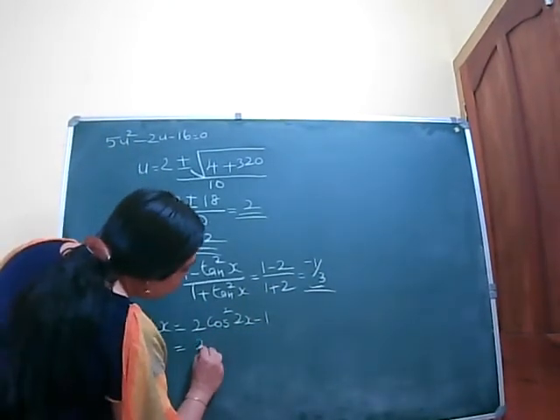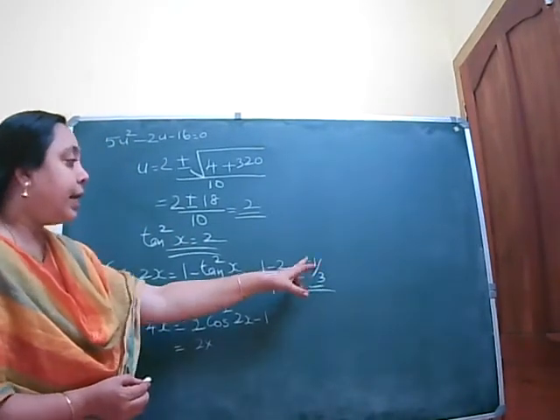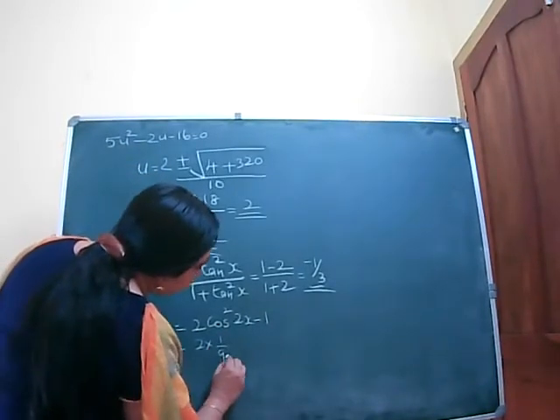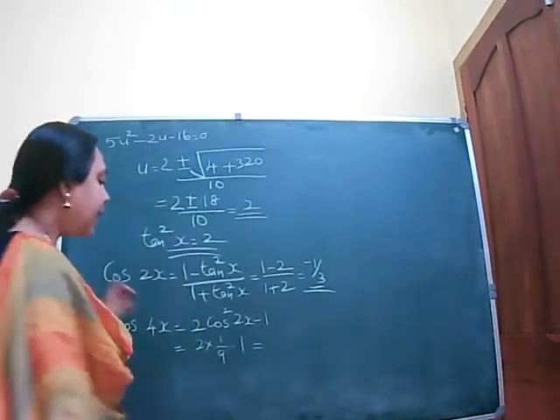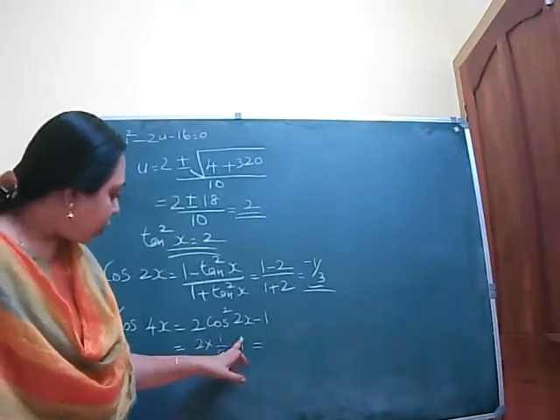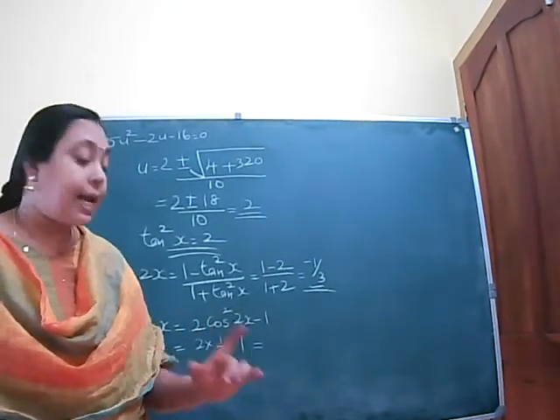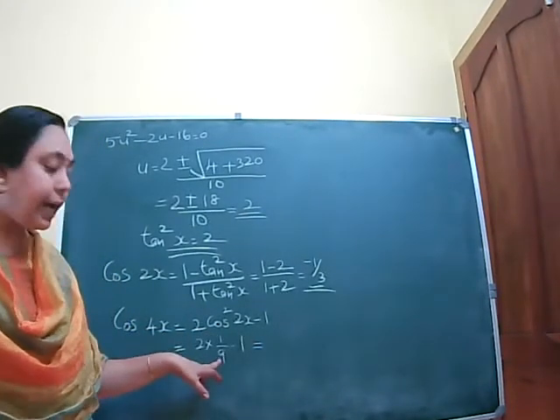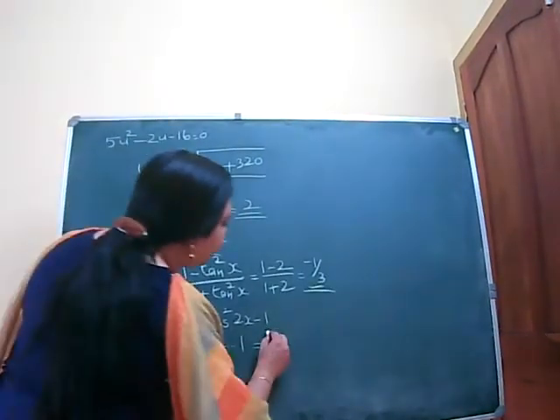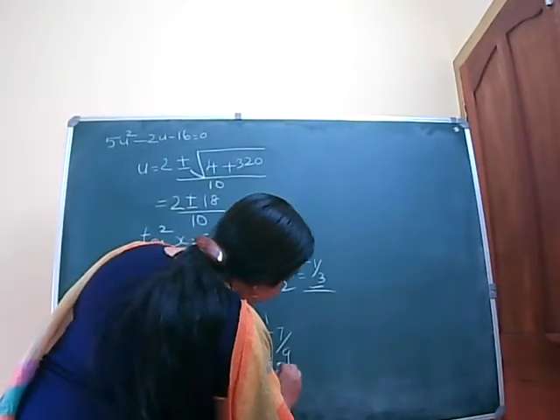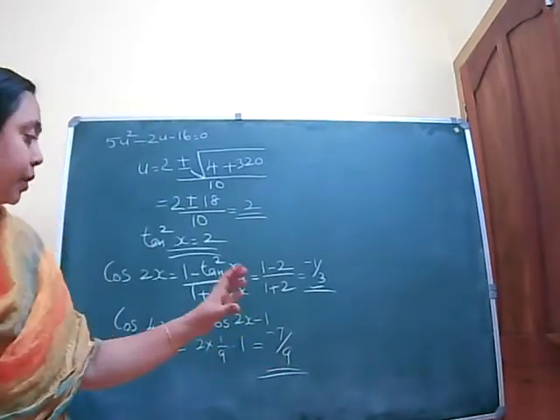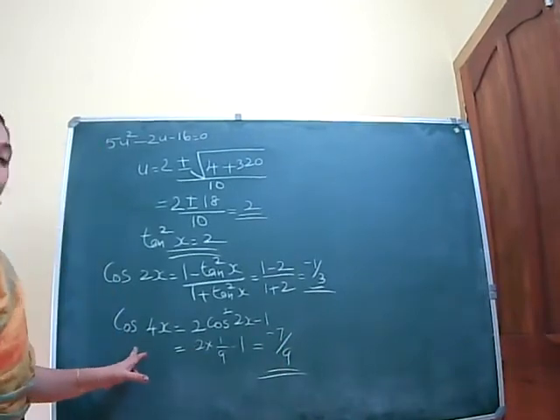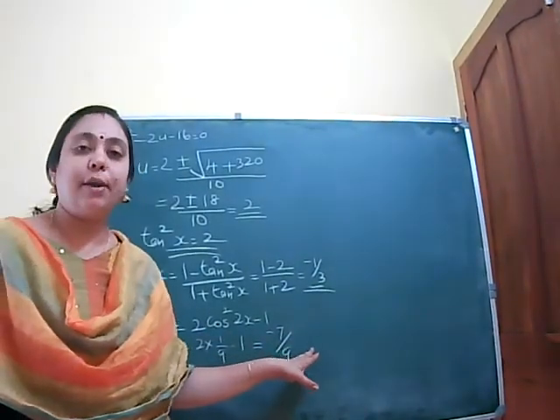We get 2 into minus 1 by 3 square, that is 1 by 9, minus 1, that is 2 by 9 minus 1. By taking LCM we get 2 minus 9, the whole divided by 9, that is minus 7 by 9, which is the required value. Okay, that is the value of cos 4x is minus 7 by 9. Okay.